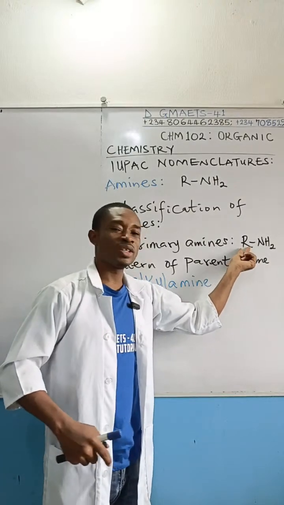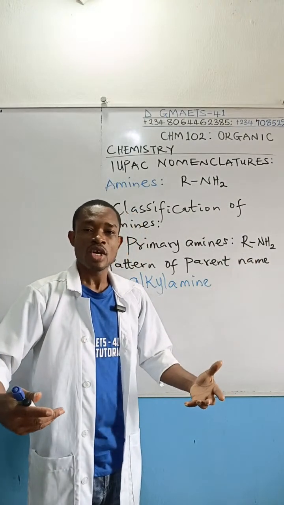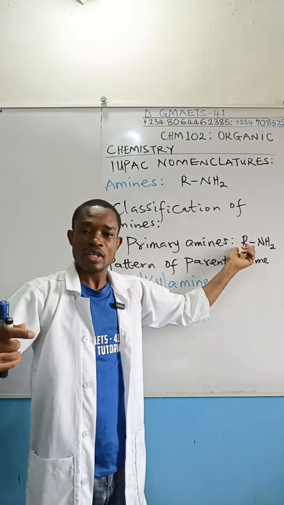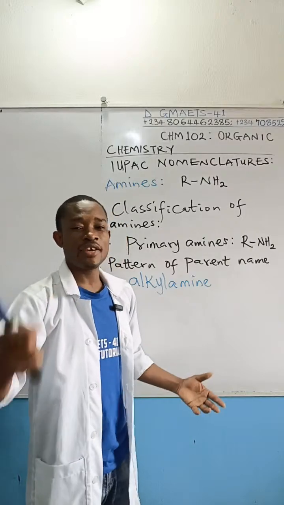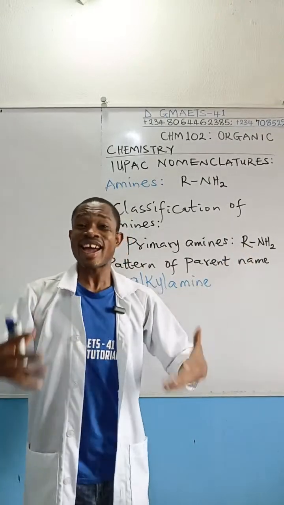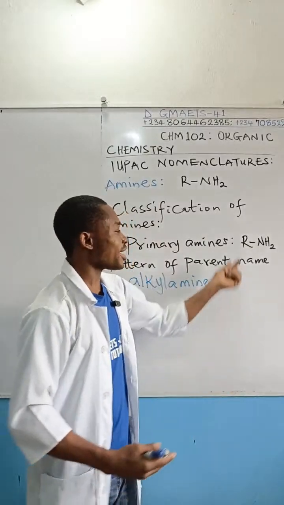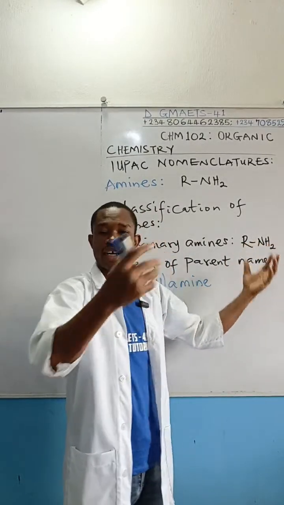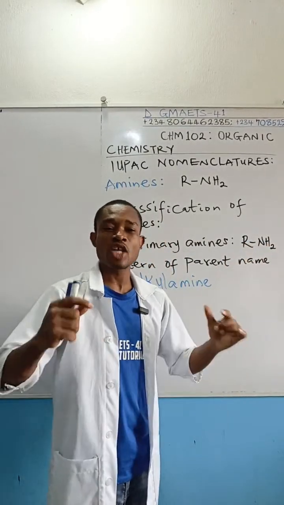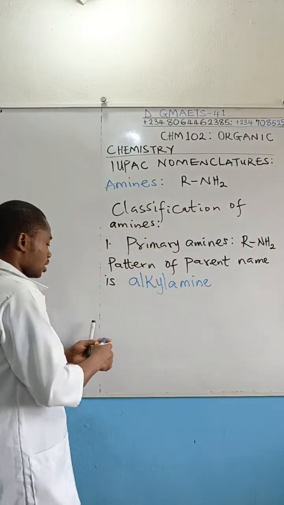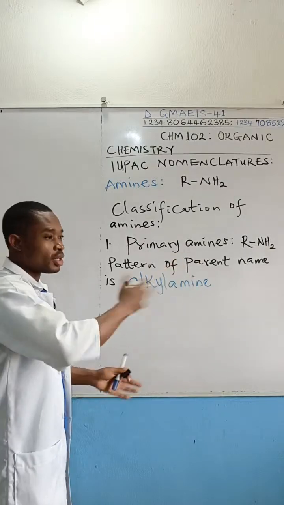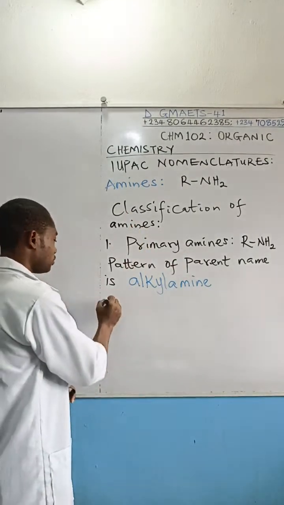If this R contains two carbon atoms, two carbon atoms is eth, so it's going to be ethylamine. What if this R contains nine carbon atoms, and you have NH2 at the end? That becomes nonylamine. We move on. If there's an attachment, you handle the attachment as usual.